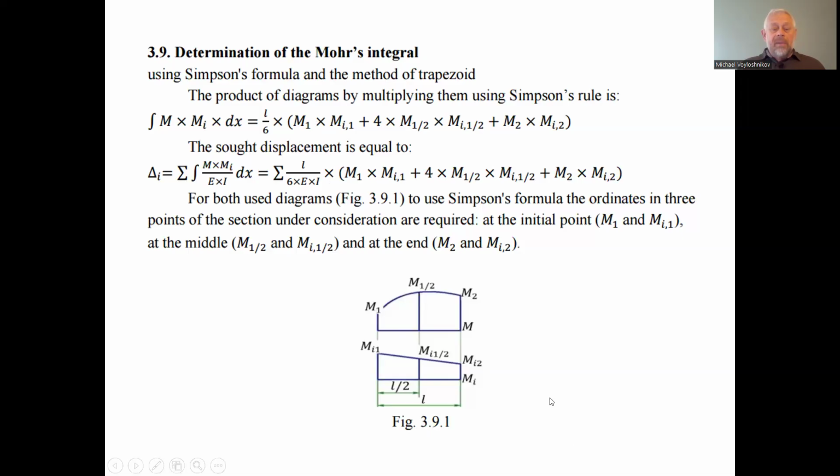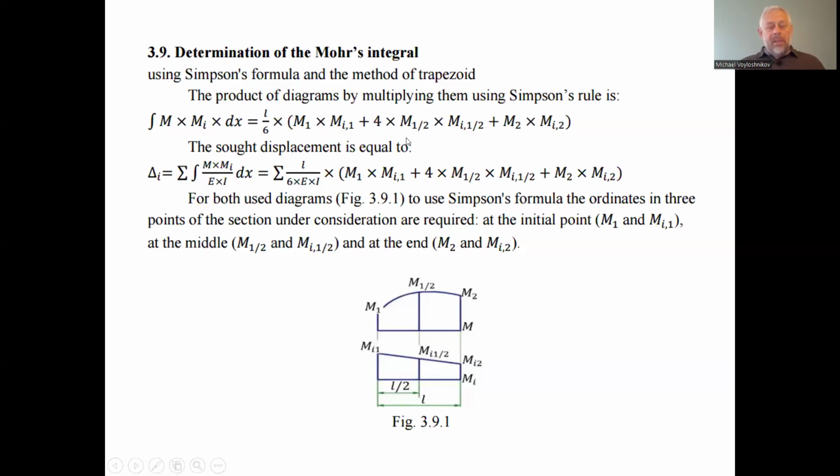The second factor of the first summand in the brackets in the mathematical equation of Simpson rule to find the Mohr integral is the magnitude of the bending moment diagram for the same element, but under the action of unit force, or maybe unit moment.